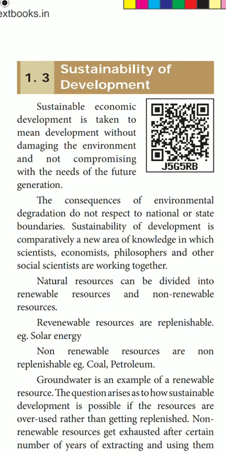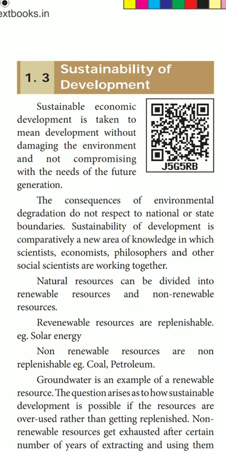These renewable resources are replenishable, example solar energy, that is getting from the sunlight, isn't it? Next, non-renewable resources are non-replenishable, example coal, petroleum. Often if you are taking the coal and petroleum, you can't use them again and again.